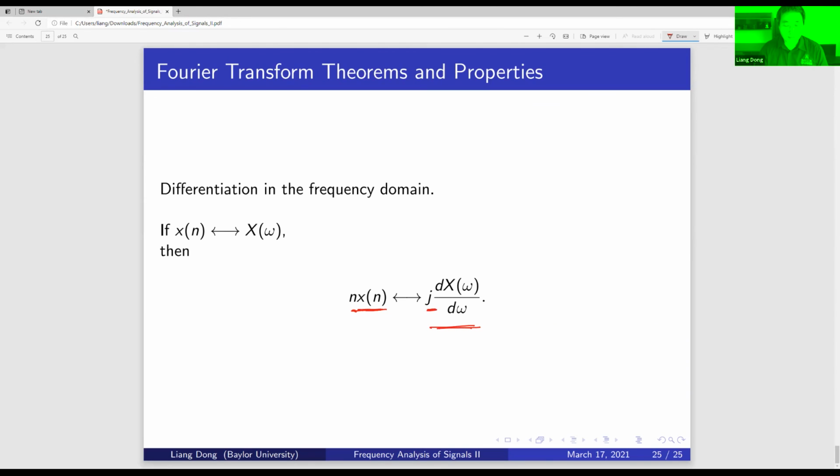Only that we have a constant, the imaginary symbol j here. That can help us simplify a lot of calculations, especially for differential equations. You have a differentiation, and you can always translate into the other domain, and it becomes a multiplication by the function variable, whether it's the time variable or, in the other domain, the frequency variable.